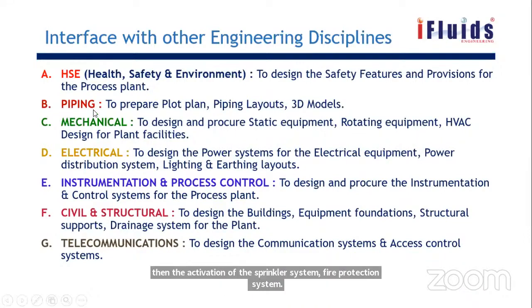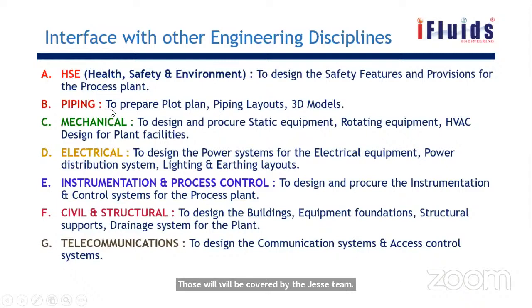Then the piping team will be preparing the plot plan. We do all the work on paper, the soft work, and then the piping team will do it in 3D. They take the plot plan and make everything in one model.